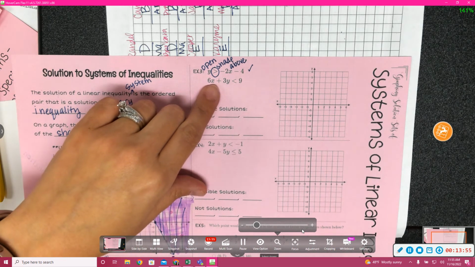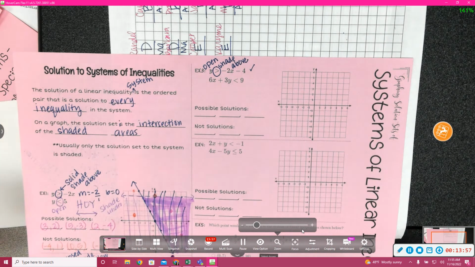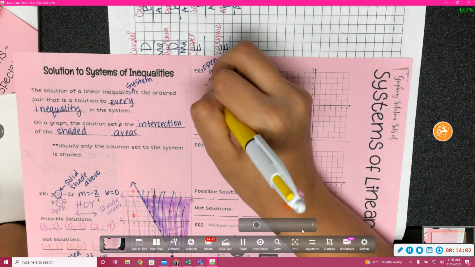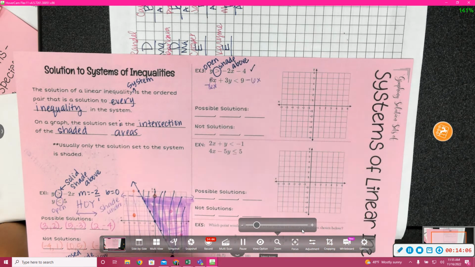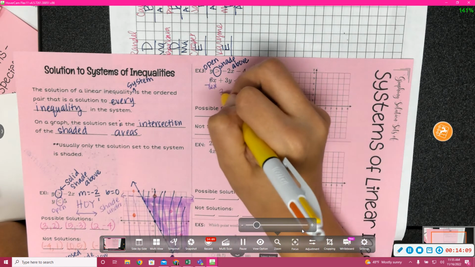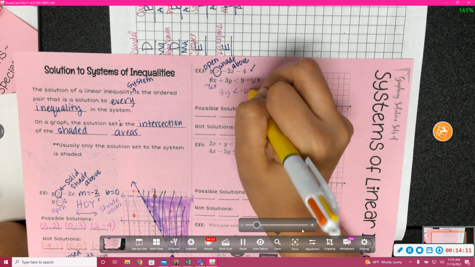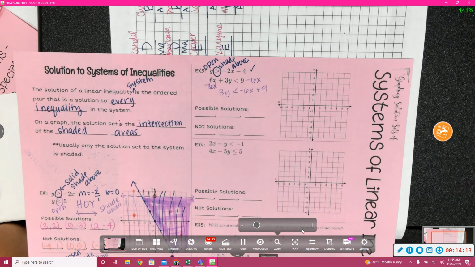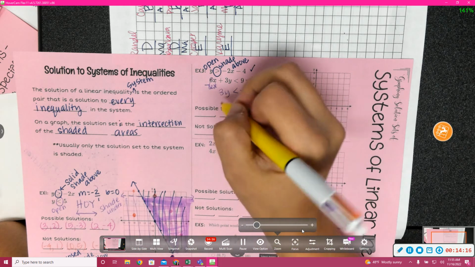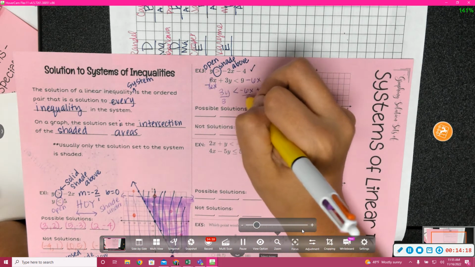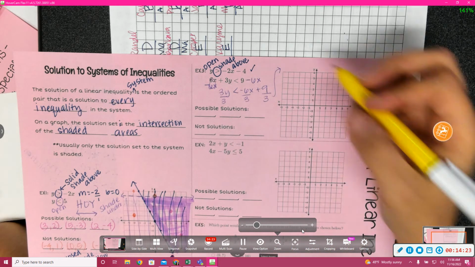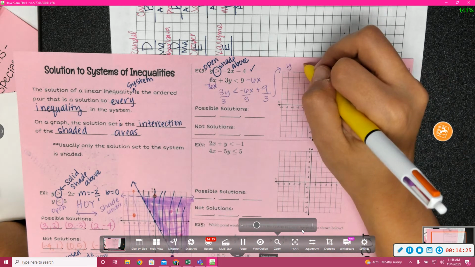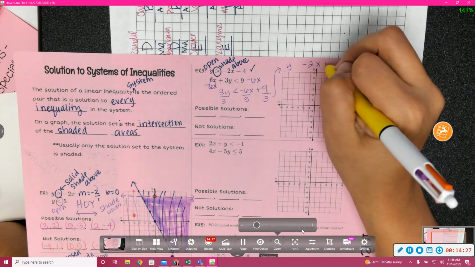For this one down here, though, we do have to solve for y to be able to put it into Desmos. So to solve for y, we first take away 6x. So we have 3y is less than -6x plus 9. And then we divide everything by 3. So y is less than -2x plus 3.